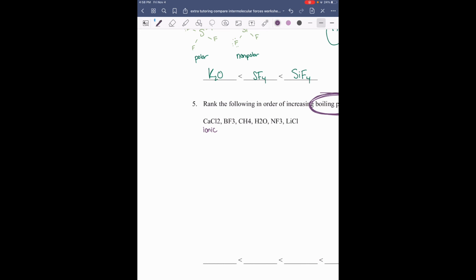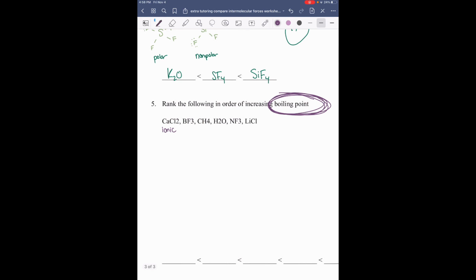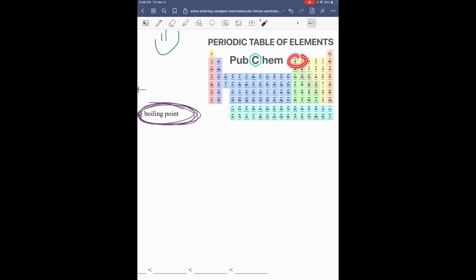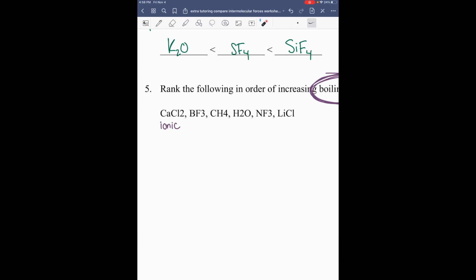Ionic, so we don't need to draw it. Then we have BF3. BF3 is molecular from where we saw it on the periodic table. Then to figure out if it's polar or non-polar, I want you to draw it. So it looks like this.